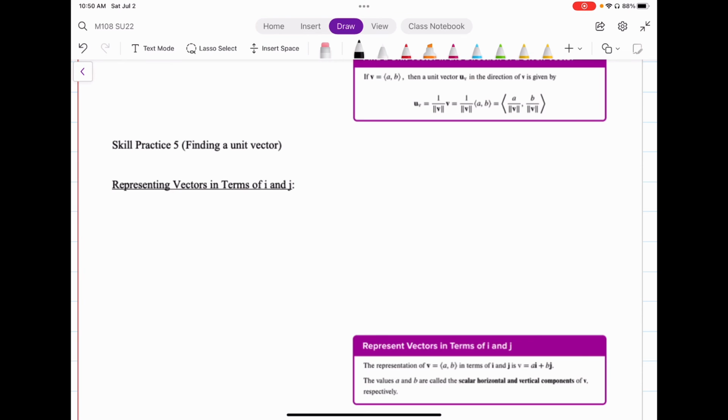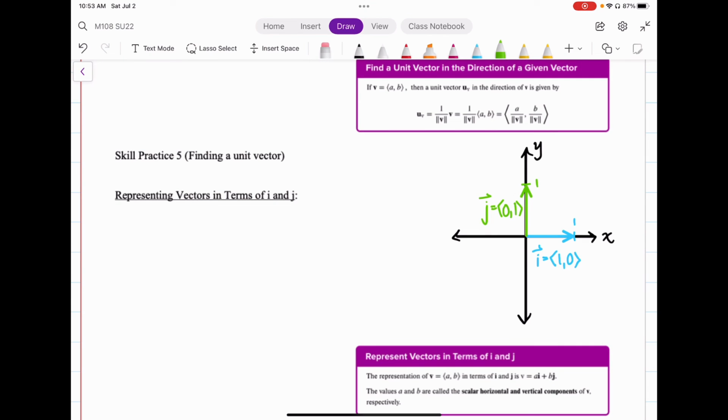And any other vector can be expressed as a linear combination of i and j. Here is a diagram showing the vectors i and j. i is the vector that is on the positive x-axis, and it is component form 1, 0. j is the vector on the positive y-axis, component form 0, 1.